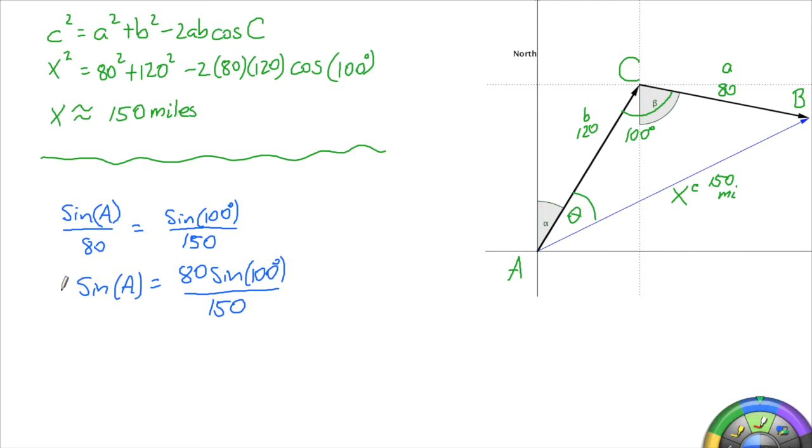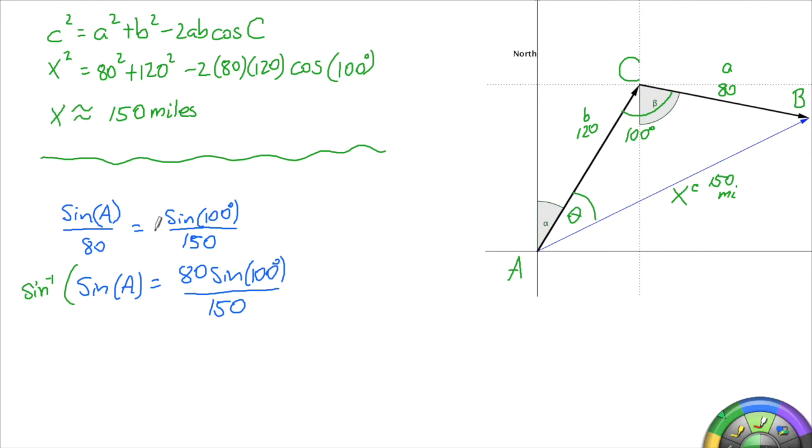And when we do sine inverse to get rid of the sine, we have to be careful because it could be an obtuse angle, but I know for sure that angle A is not going to be obtuse because this angle up here is 100 degrees. That only leaves 80 degrees between these two.